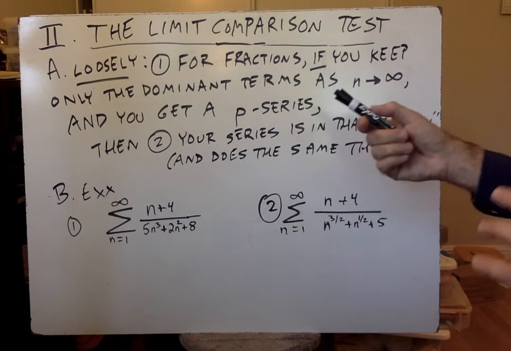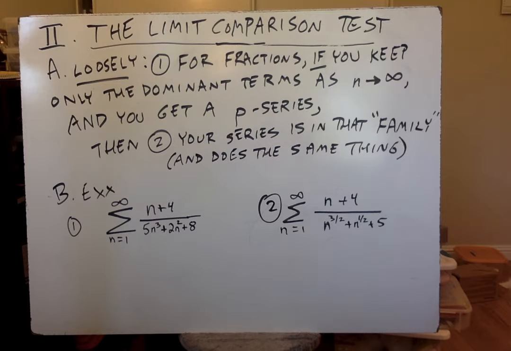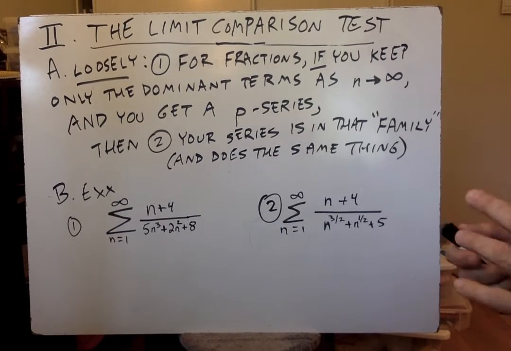And we also mentioned this when we did improper integrals, and that's the idea of looking to see what family a series is in. Now, I'm going to skip right ahead to the example so I can talk about that. Not everything falls into a family. That's not automatic.